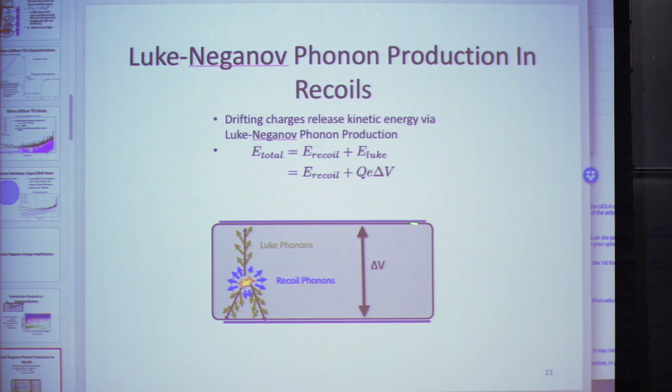And this is exactly what happens here. These electrons reach terminal velocity, and they are constantly giving off phonon vibrations. And we know exactly how many we produce. If an electron travels from here to here, he produces 100 eV of phonon energy. So we're converting that electrostatic potential energy into phonons. So the total phonon energy we measure is the initial recoil energy plus the number of charges times the voltage drop across the crystal.